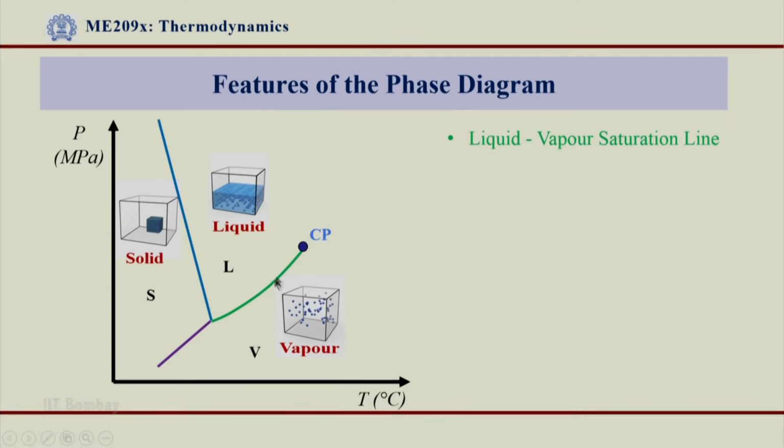On this line we have liquid and vapor in equilibrium, coexisting together, and that is why we say it is a liquid vapor saturation line, many times also referred to as the LV saturation line or LV line. This line goes from the triple point to the critical point, that is, from TP to CP.